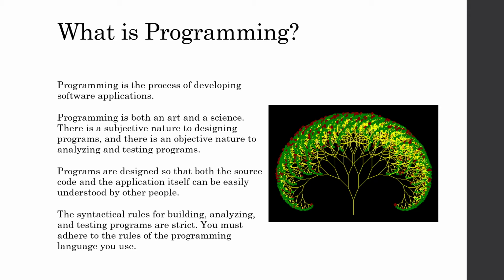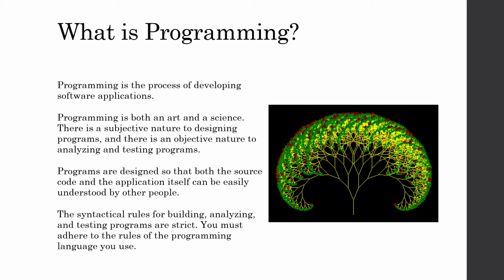The other side of this, when we say that it's a science, there's also going to be the objective nature to actually analyzing and testing your program. When I talk about these different trade-offs that you have to consider, obviously the amount of weight that you put on each one of these trade-offs, which ones you're going to prioritize, that's somewhat subjective.